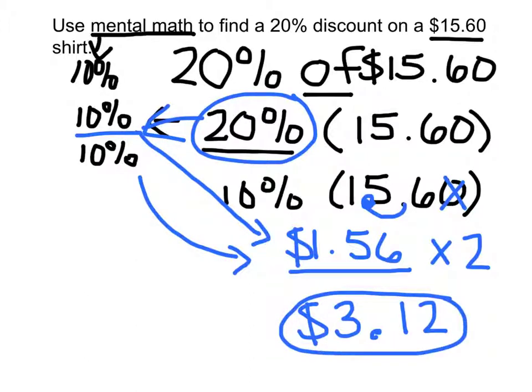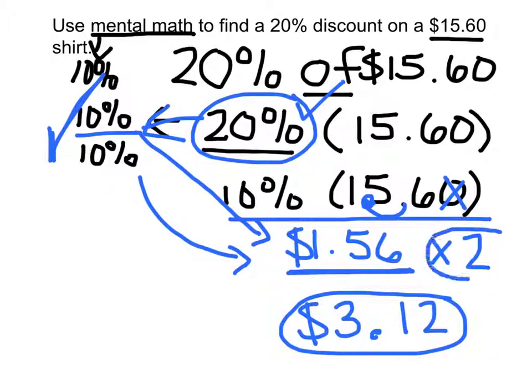So notice, I broke that 20% up into 2 10%. Then I found 10% of 1560, which was easy because I just had to move the decimal one place to the left. I broke that discount up into 2 tens, so once I had 10%, I multiplied it by 2 to get the 20%. And that gave me the 20% discount of $3.12.